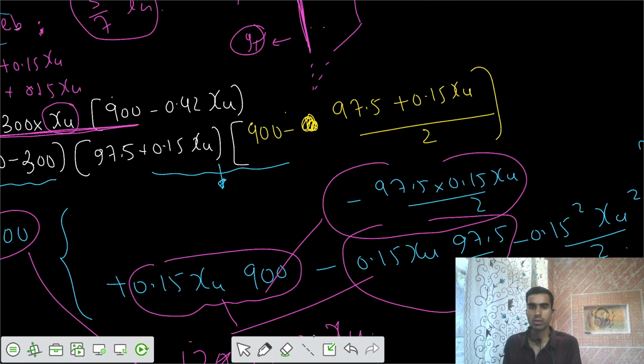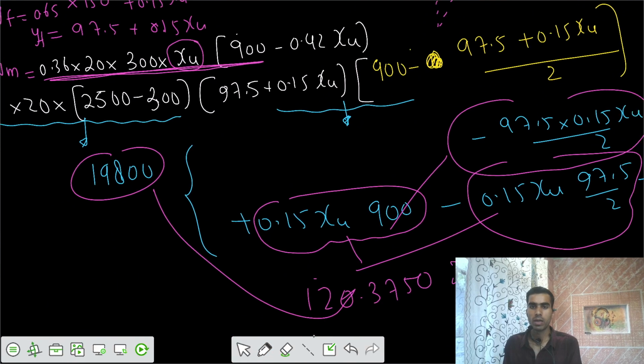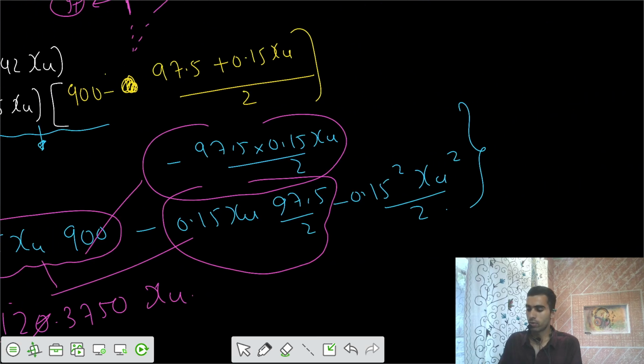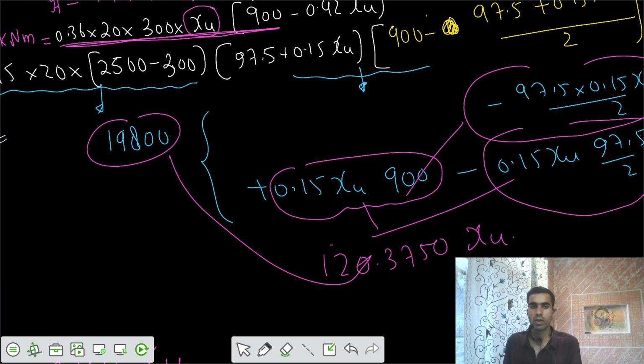After that we have the quadratic part finally. I would say we have 0.15 square divided by 2, and this is all negative, with the factor of 19800.